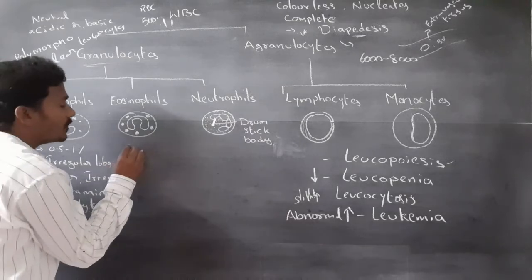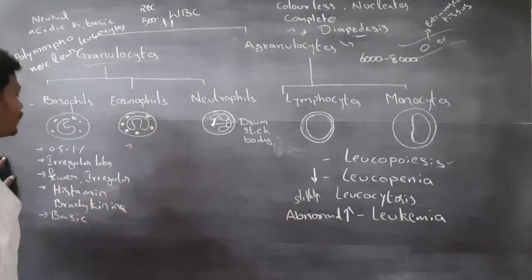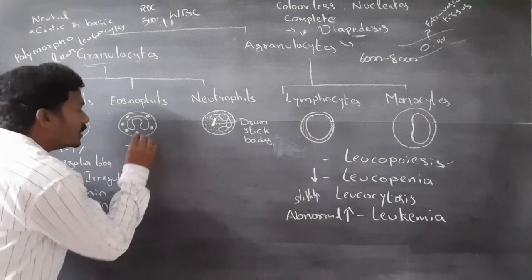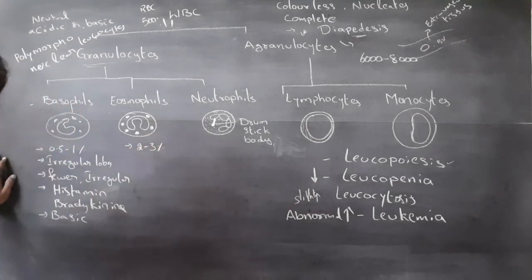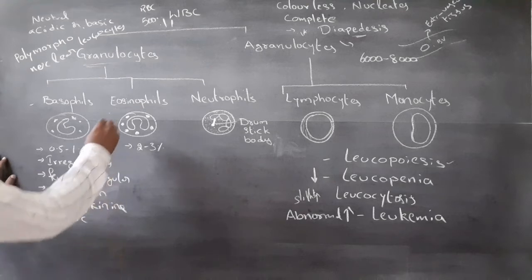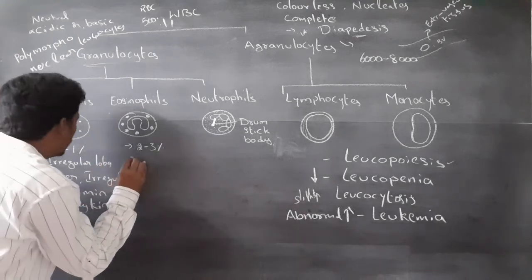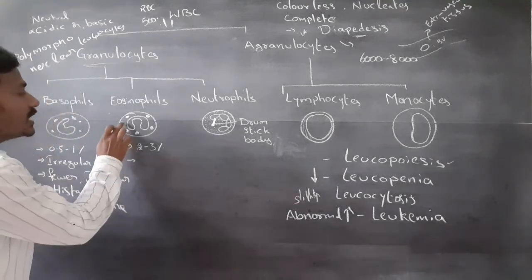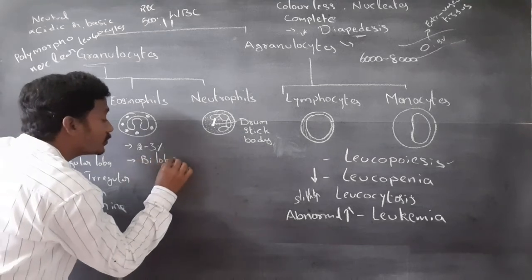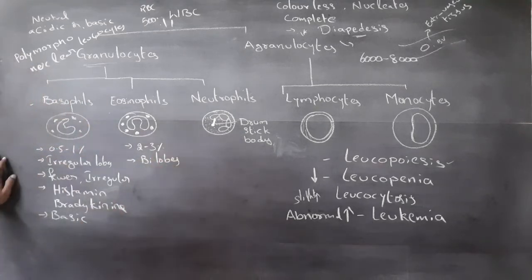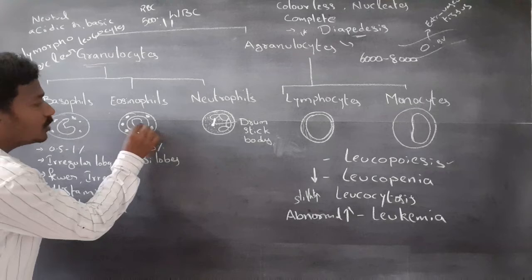Next, eosinophils. These occupy 2 to 3% of total leukocytes. The nucleus is divided into two lobes, so it is a bilobed nucleus.